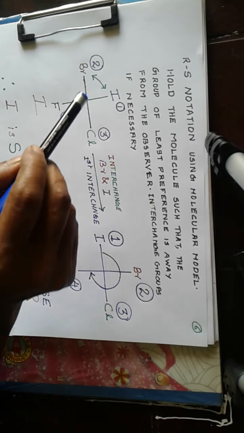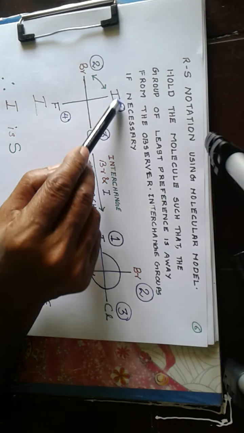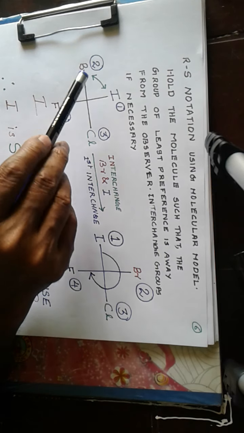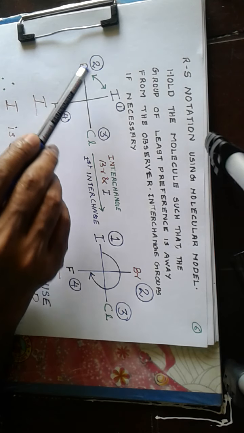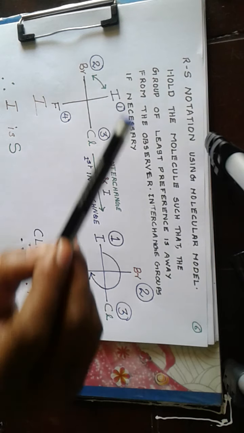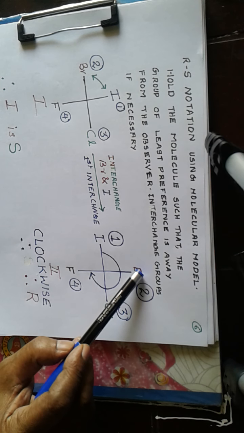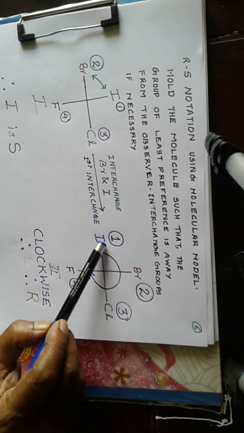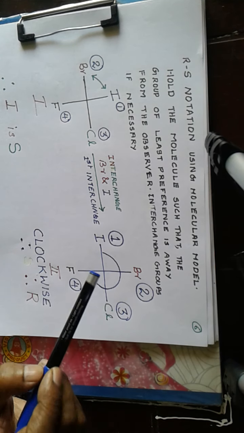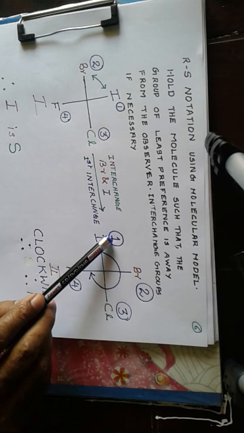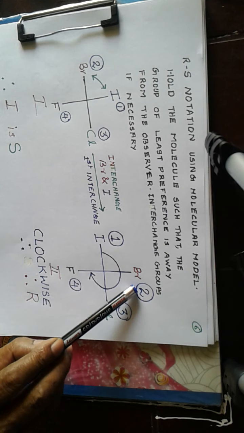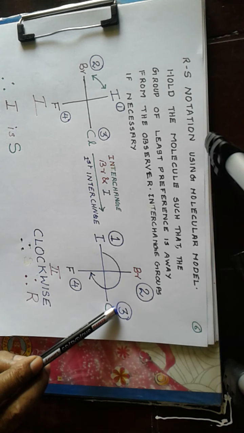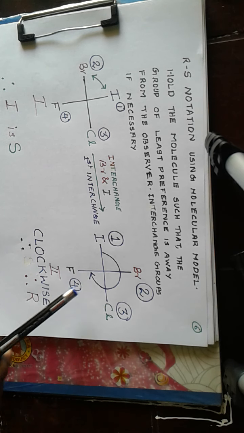Now suppose here the groups are not in order in the clockwise or anticlockwise direction. Suppose we interchange this bromine and iodine. So here bromine comes at the top and iodine comes on the left hand side of the horizontal line. Now iodine has preference number 1, bromine has preference number 2, chlorine has preference number 3 and fluorine has preference number 4.